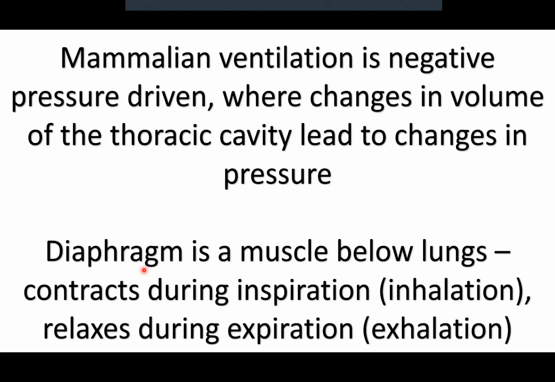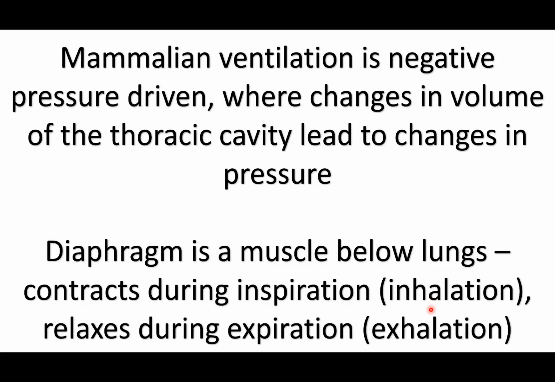And the diaphragm is a part of this negative pressure, as well as the rib muscles. So the diaphragm is a muscle below the lungs, and as a muscle, it can contract during inspiration or inhalation, where then there's less pressure on the lungs so that air and oxygen can enter the lungs.